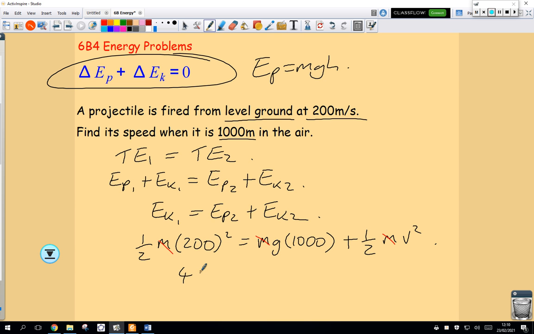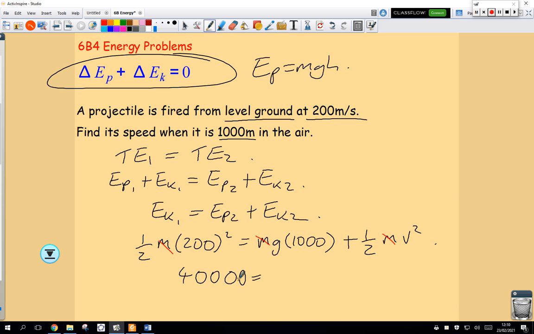200 squared, well, that's going to be 2 squared 4, 100 squared is going to give me 4 zeros, so we're going to get 40,000 is equal to 1,000 times g. I'll just take g to be 9.8, so that's going to be 9,800. And I'm actually going to double that, I'm doubling everything on both sides.